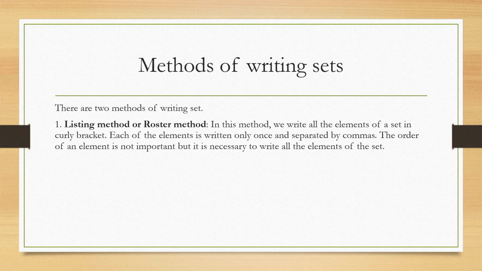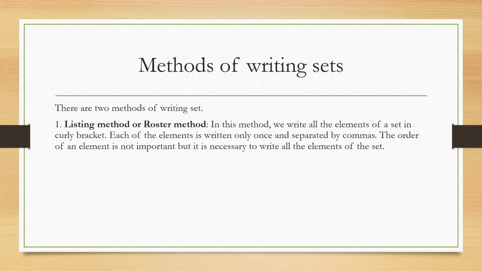In this method, we write all the elements of a set in curly brackets. Each of the elements is written only once and separated by commas. Means the elements of the set are written only one time and they are separated by commas, as I explained before.